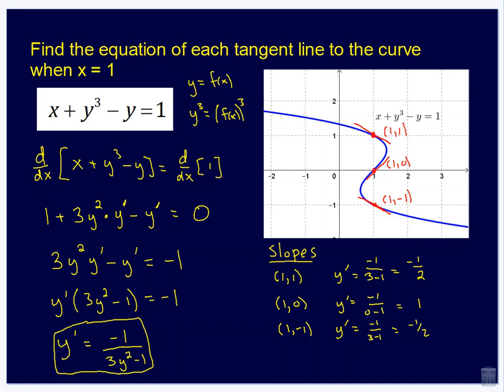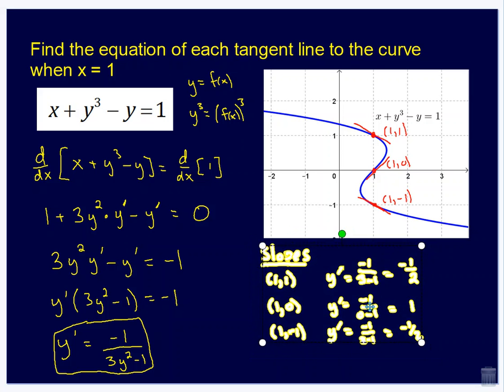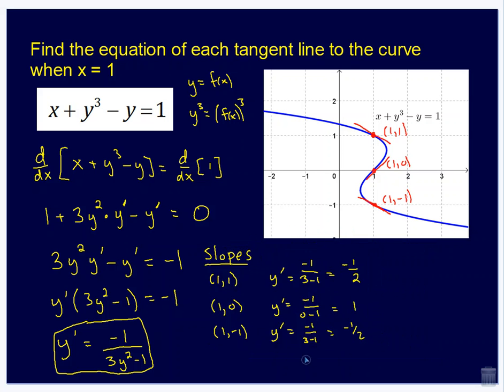And so let me actually just move this over a little bit so we have room to write the equations right beside it. So we'll just do point slope form.